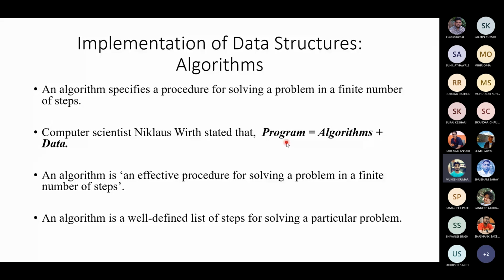Suppose n is equal to 5, the logic you follow is 5 into 4 into 3 into 2 into 1, right? So there is a logic. How are we finding the factorial of a number? You are multiplying one after another till you reach 1. Those are the steps. You are defining the procedure for how to solve that problem.